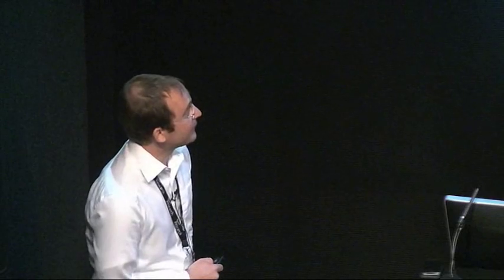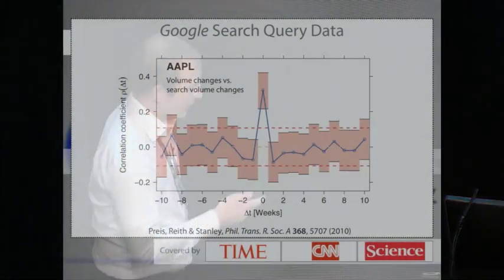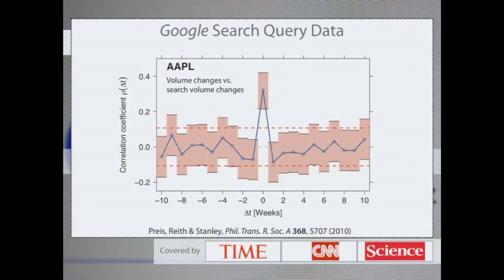Based on this information, we looked at the question whether we can use searches on company names in order to say something about financial fluctuations. And in this early paper, we discovered a correlation between how often people Google for company names like Apple and how many stocks of this company are exchanged in the same week.